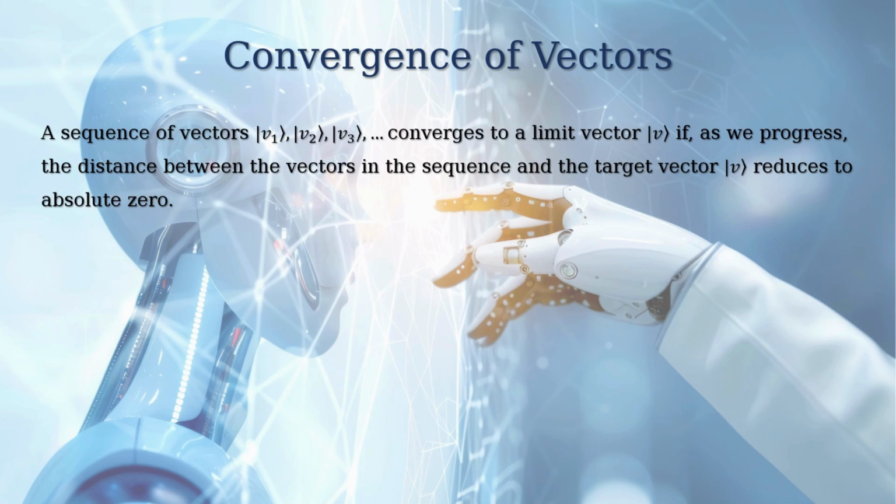Let's discuss convergence of vectors. A sequence of vectors converges to a limit vector |u⟩ if, as we progress, the distance between the vectors in the sequence and the target vector |u⟩ reduces to absolute zero.